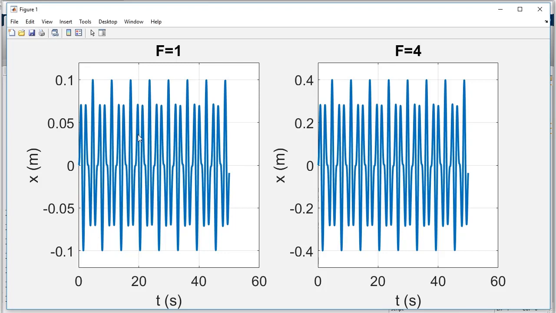Again, we have the oscillatory motion, and you can see that when we have a larger force, the force amplitude here is just 4 times more than this case, and the amplitude of vibration is 4 times larger than this case. So there is a linear relationship in this case between the amplitude of the force and the response, the amplitude of x. So that's the first interesting thing that we can do with this.